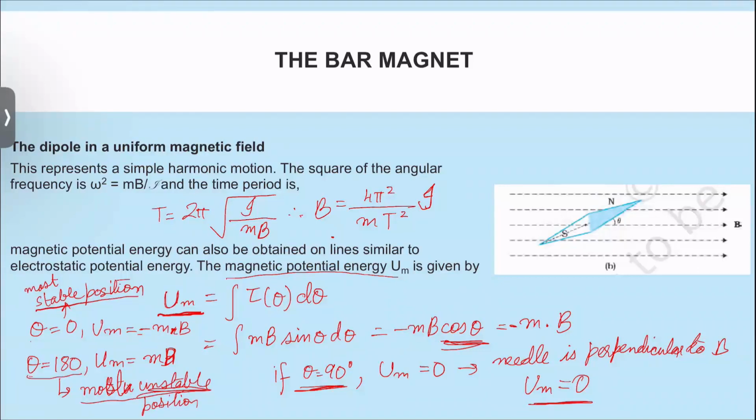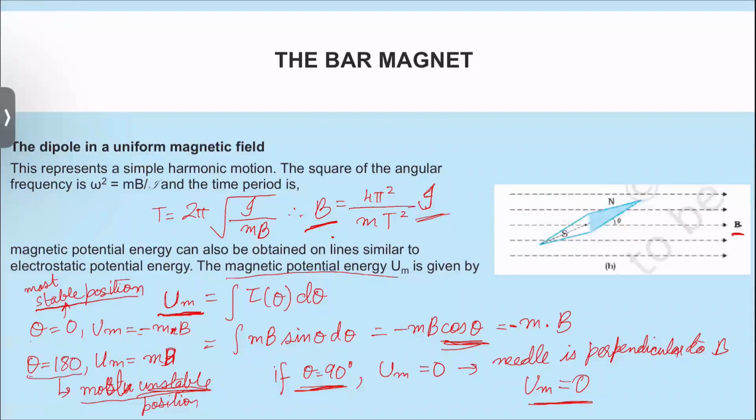So this is what we see when we are considering a dipole, because as we have seen, a bar magnet can only exist as a dipole. If we keep it in an already existing uniform field, there is a torque that it is going to experience, and with respect to the torque, you can find the magnetic field, which is dependent on the moment of inertia associated with this compass needle.